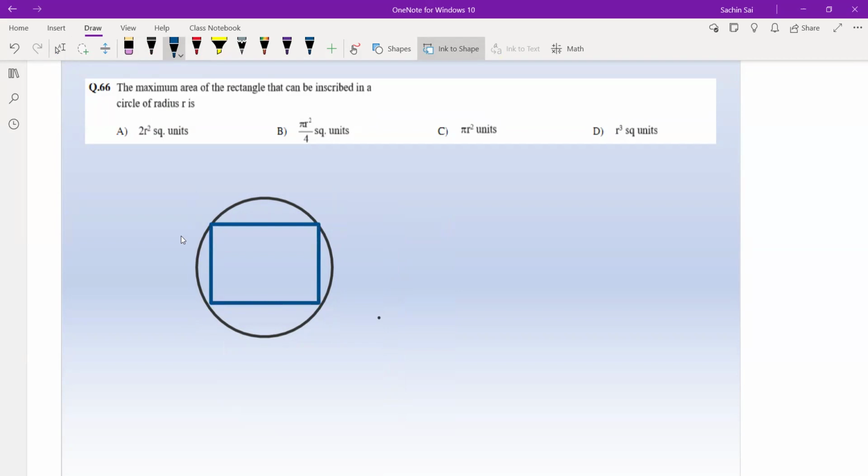So let's say we inscribe a rectangle in the circle. The radius of the circle is fixed, right?